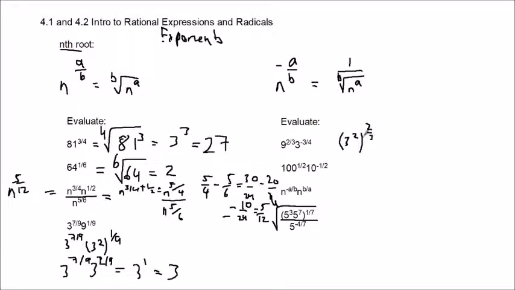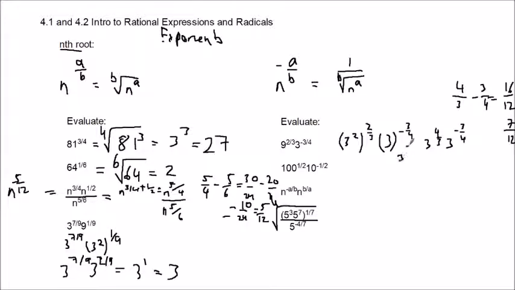3 squared to the 2/3, 3 to the negative 3/4. 3 squared to the 2/3 is 3 to the 4/3. And then 3 to the negative 3/4. And we can add, so we do 4/3 minus 3/4, which is 16 over 12 subtract 9 over 12, which is 7 over 12.